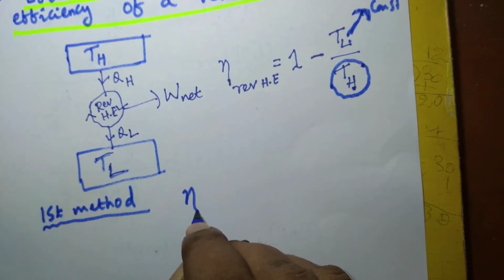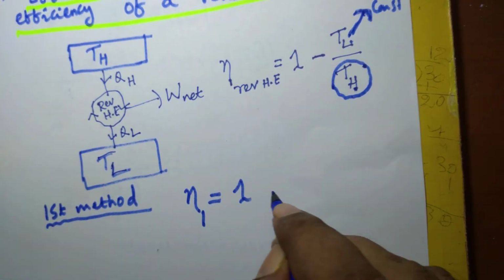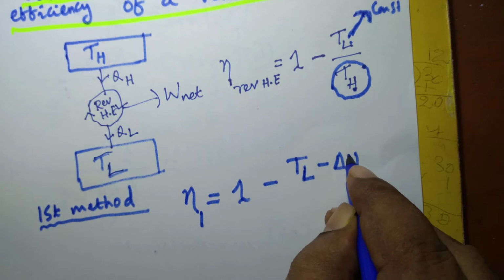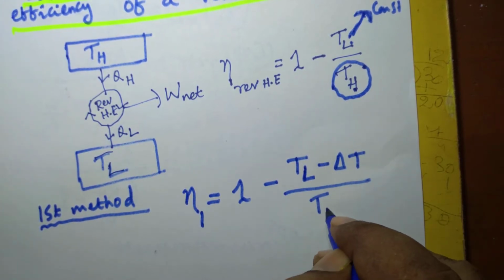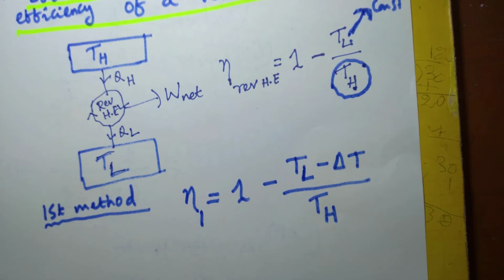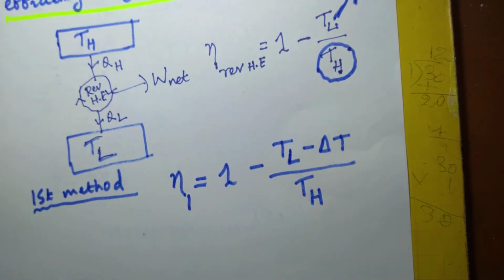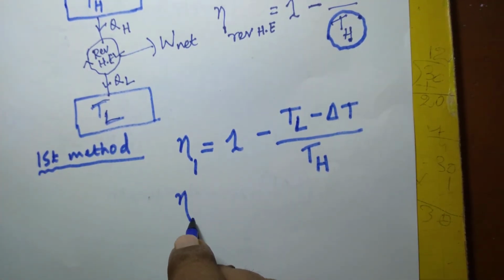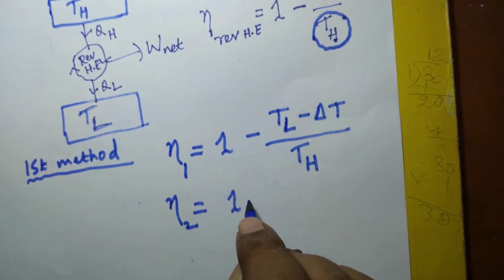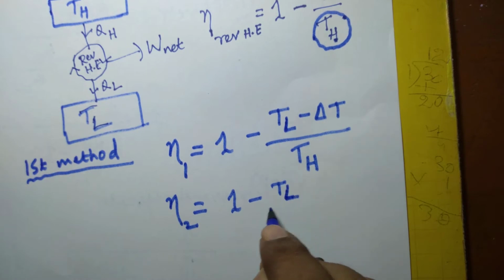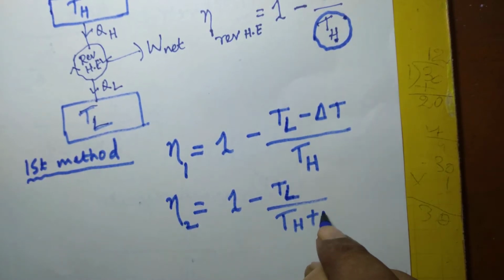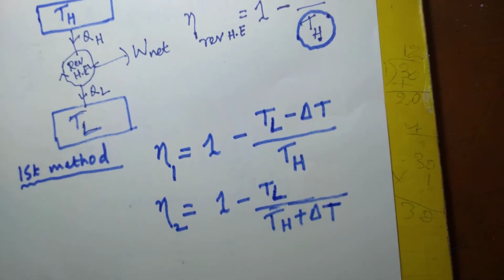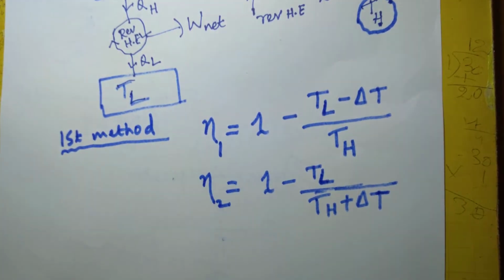In the first case, 1 minus TL decreased by a certain magnitude delta T, keeping TH constant. In the second case, we are increasing the efficiency by increasing TH. Then what happens? TL will remain constant. Suppose we increase TH by the same magnitude delta T. Which one is more? We want to find out.